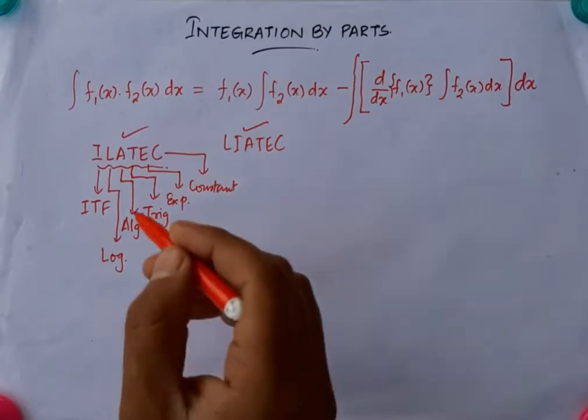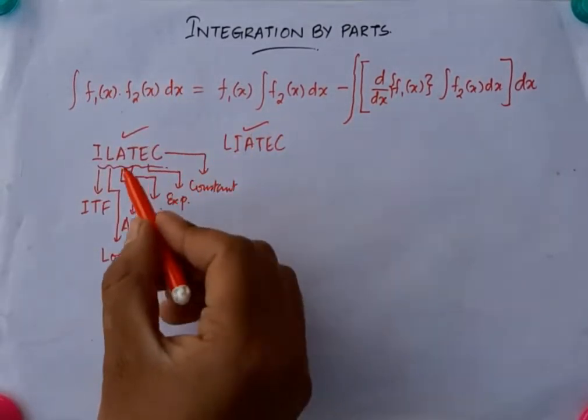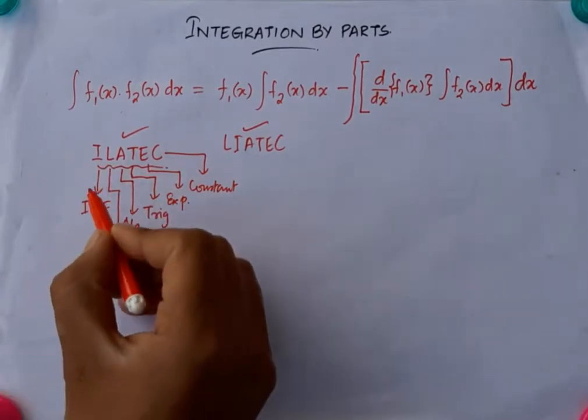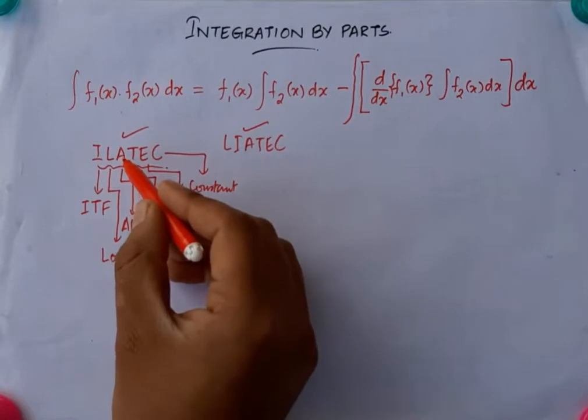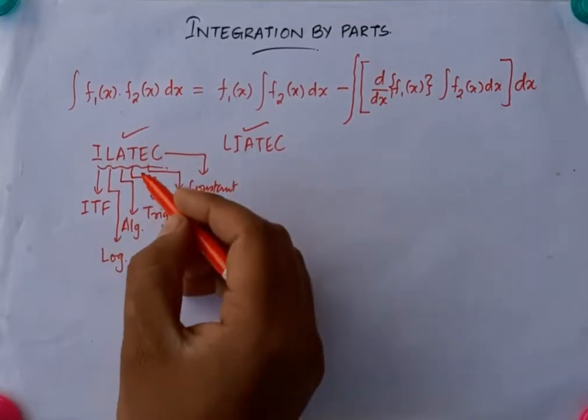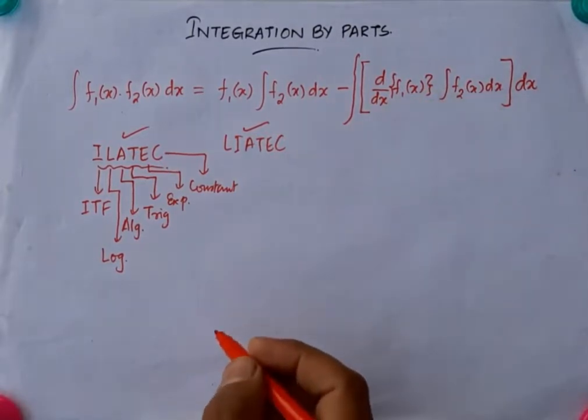Now how to identify which is my first and which is my second function? Whichever comes in front, that is the function that has to be differentiated. And which function is differentiated here? Here you see that f1 is differentiated, isn't it?